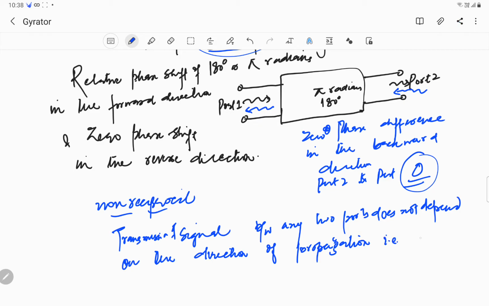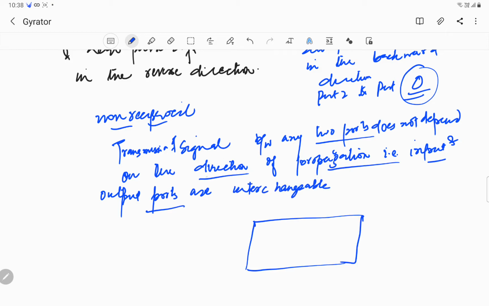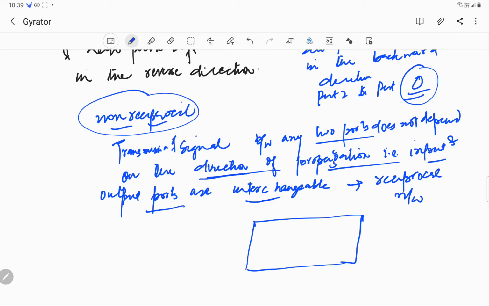That is, input and output ports are interchangeable. That means it's a reciprocal network. A non-reciprocal network doesn't behave like this.